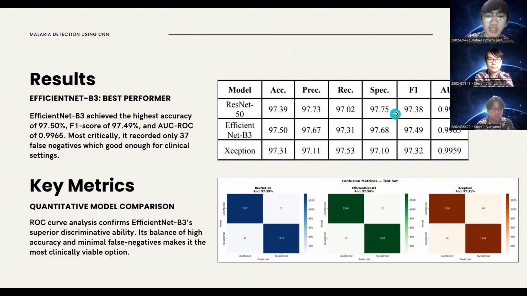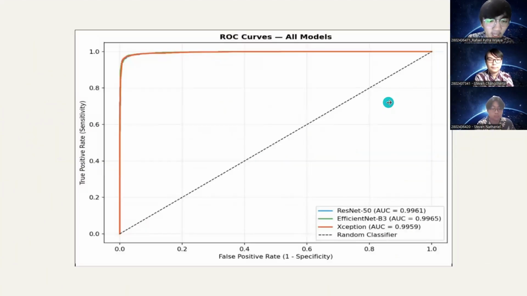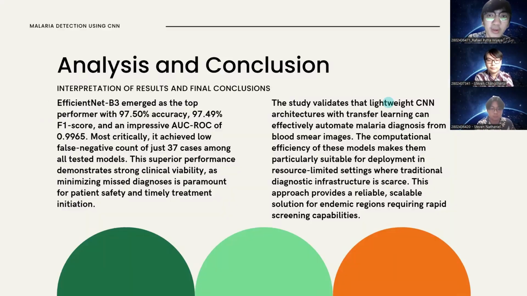And now we move to the ROC curve. We move to the analysis and conclusion. To interpret these findings, EfficientNet B3 performed best across the board, and the low false negative count of 37 is what matters most clinically because minimizing misdiagnosis is essential for patient safety and timely treatment.